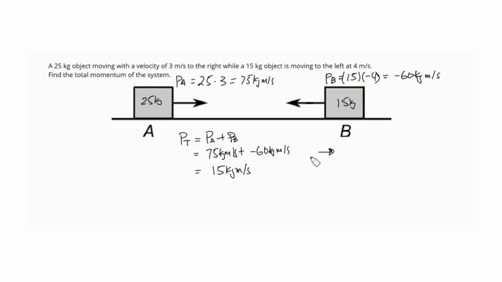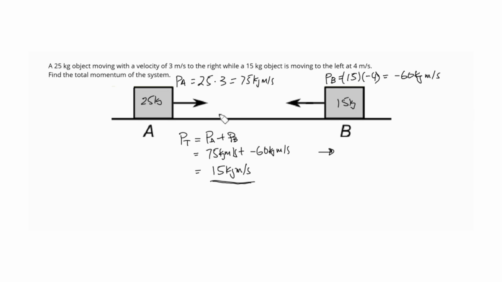And so what we'll find later is we will apply conservation of momentum, the topic we're going to learn next. This allows us to predict that even if this is a closed system and there are no external forces, then even after they collide and maybe they stick together, maybe they move apart in different directions, maybe they're both moving towards the right, the total will still be 15 kg m/s afterwards, and that's something we're going to look at.